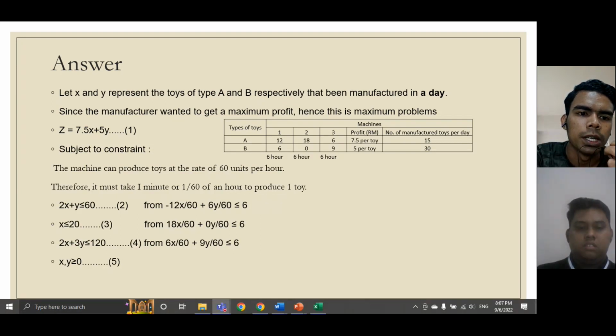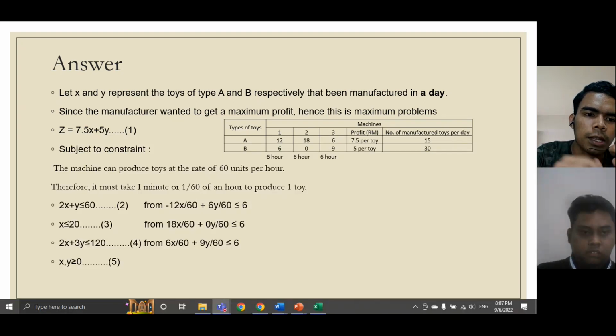We get that from 12x over 60 plus 6y over 60 less than or equal to 6. The next equations use the same formula, taken from the table. After that, we get equations 2, 3, 4, and 5, which are stated there.